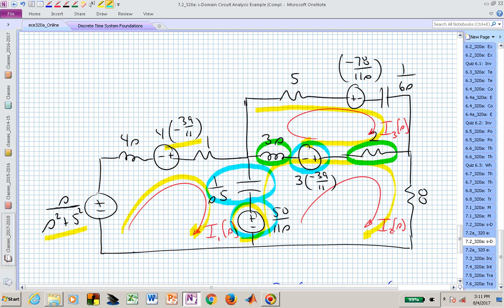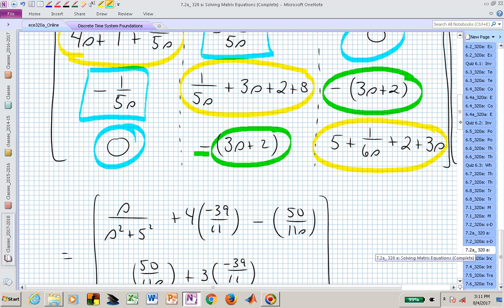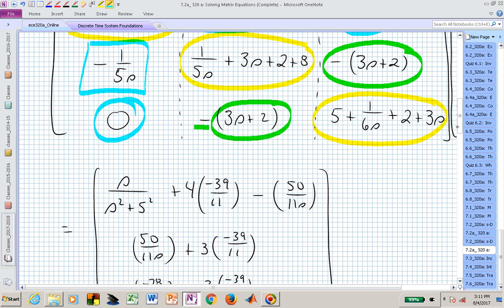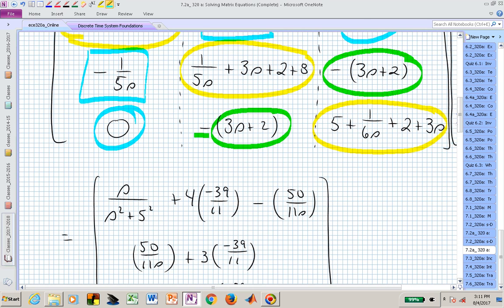Both of those now need to be algebraically introduced with positive signs. So that now we have a plus 50 over 11s plus 3 times a negative 39 over 11. Don't worry about the signs inside the particular voltages. Let's just worry about how we are introducing those algebraically into the right-hand side.